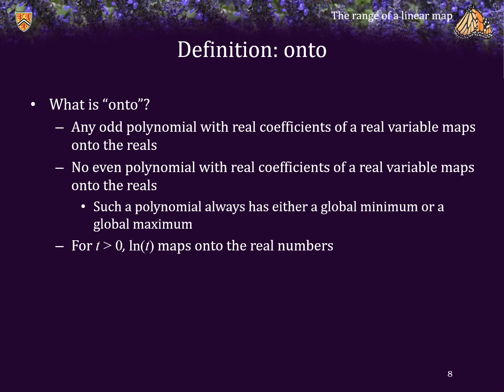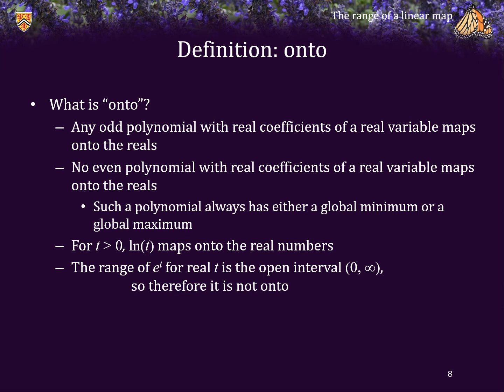In fact, it's not hard to find. If you wanted to find that value of t such that ln of t is equal to 1 million, all you have to do is let t equal e to the 1 million.